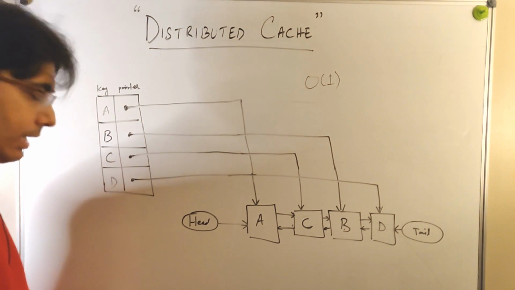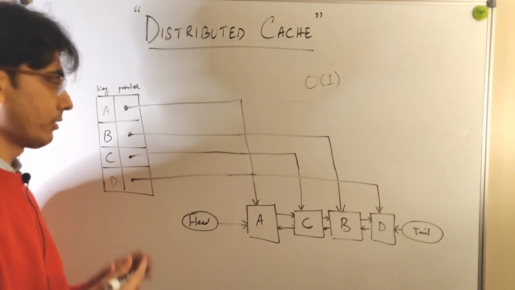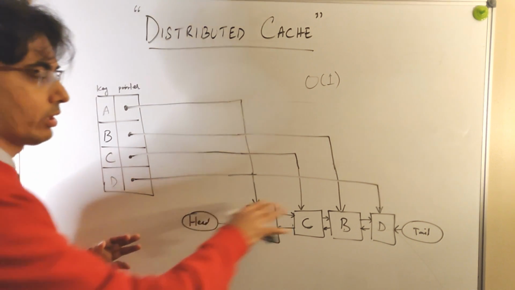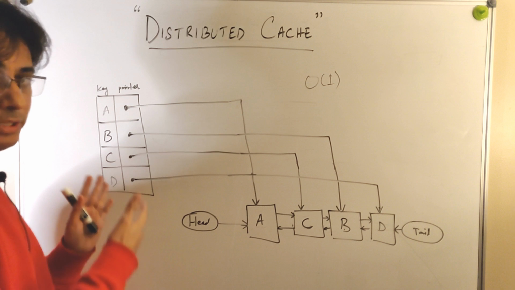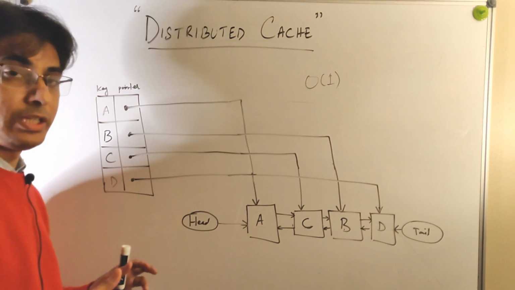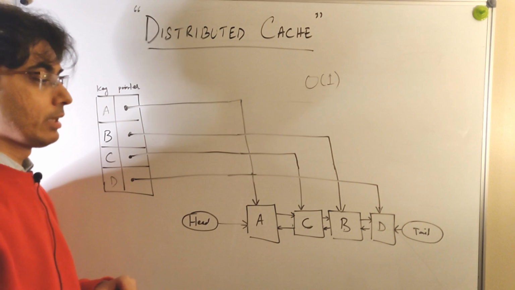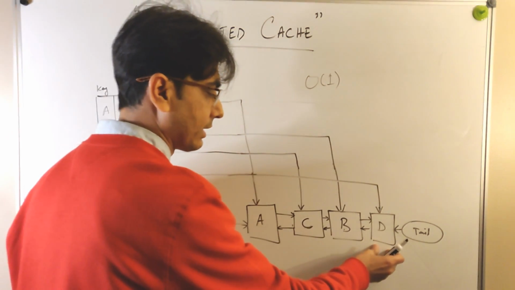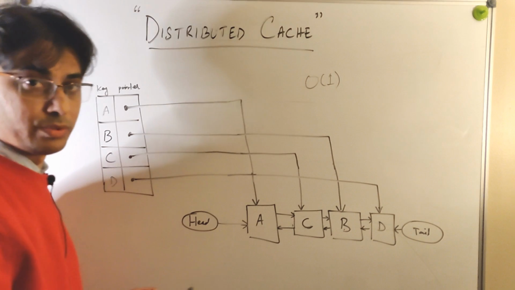Now let's suppose an insertion call comes for some key E, which is not in the cache. Since the maximum size of the cache is 4 in our example, we need to evict an entry. In that case, we will evict the last entry, D, because it is the least recently used entry.